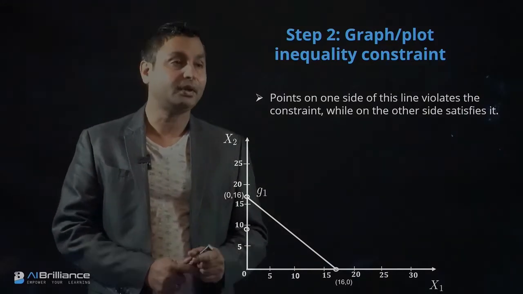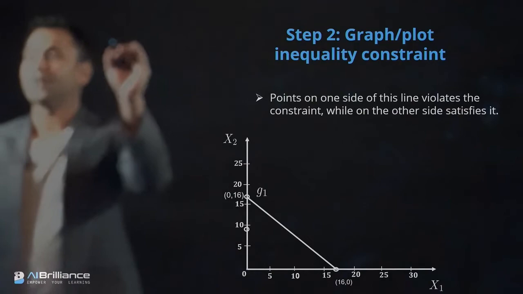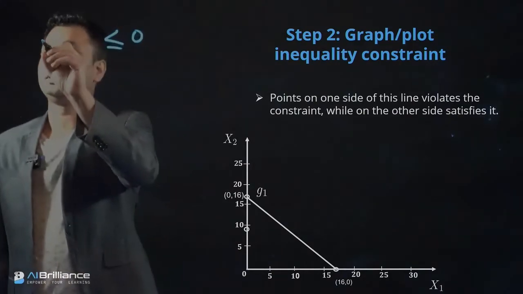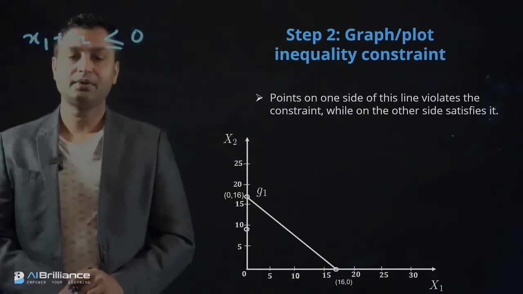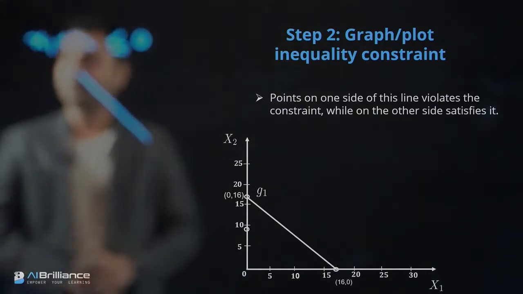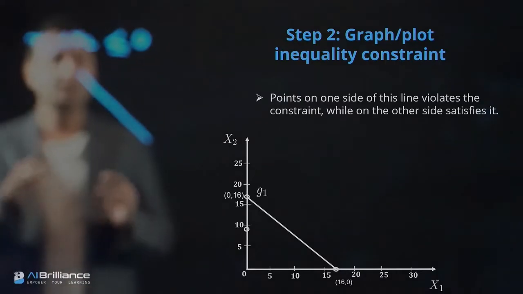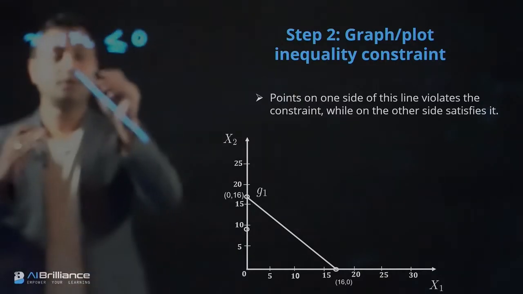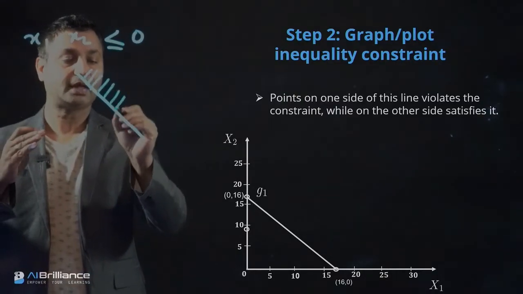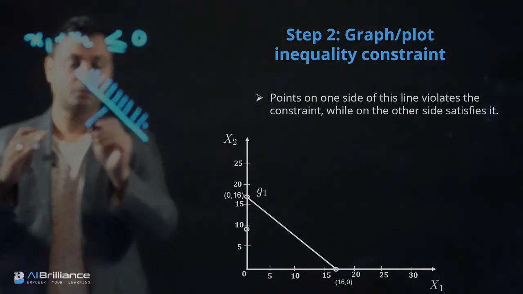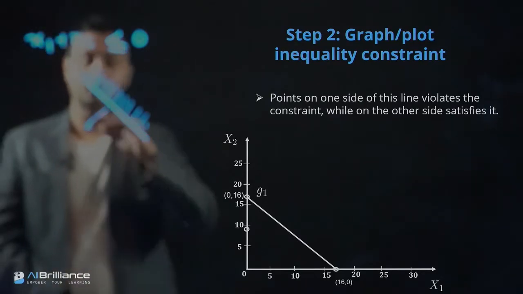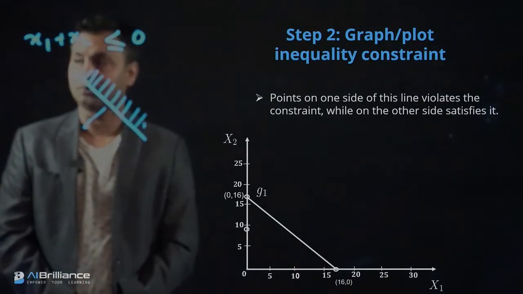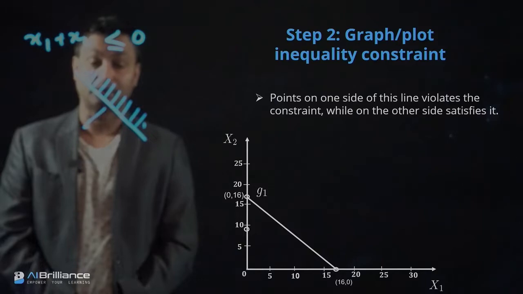If we have a less than or equal to sign, and a linear equation such as x1 plus x2, then essentially what that represents is the line that we have, where one side of this line is going to be feasible and the other side is not. So maybe one side of this line is going to be a possible solution, whereas the other side is not a possible solution of this equation that we have.